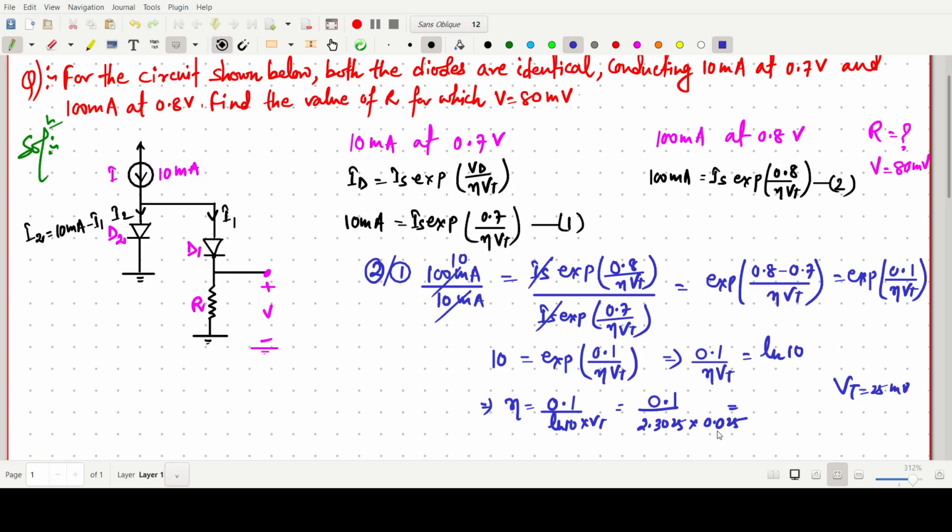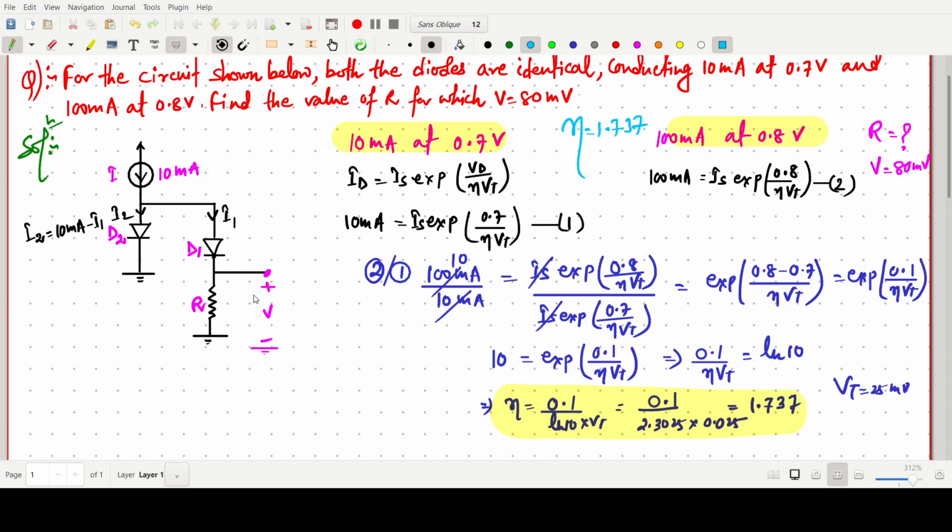If we solve this, it comes to 1.737. So this is the eta value we have first calculated from these two conditions. Now eta is known to us.